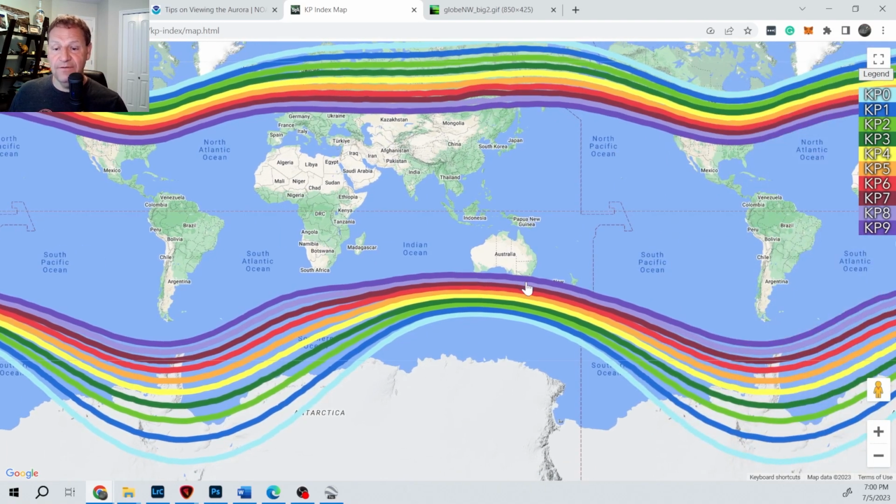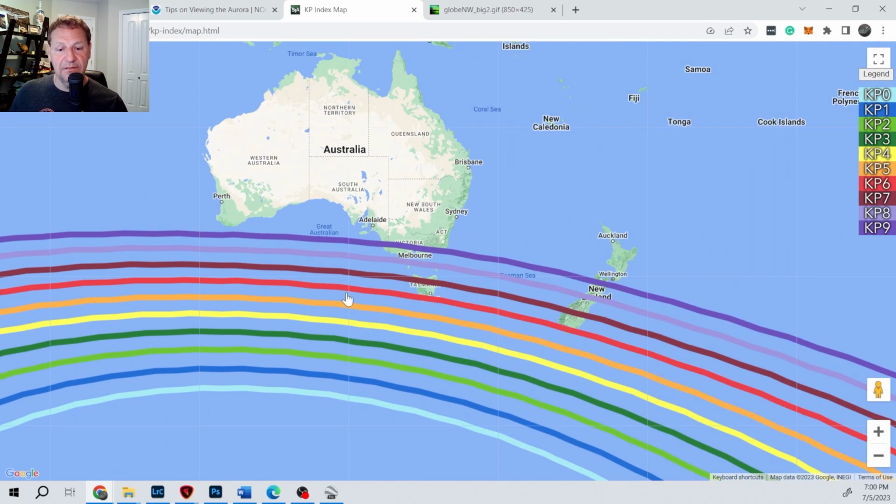Now you don't have great visibility for Australia and New Zealand. You're still quite a ways away, but Tasmania, you know, central Canada is in this area. You know, the 2s, 3s, and 4s.